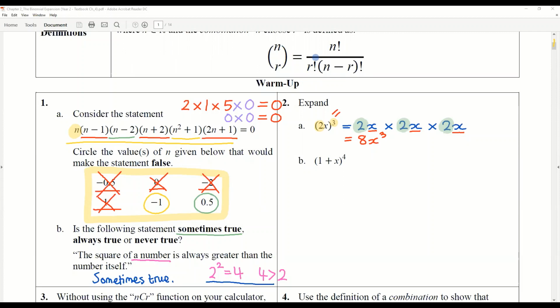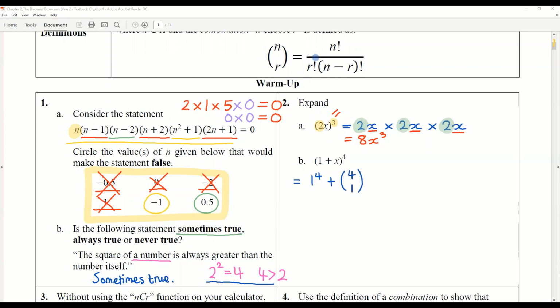So I'm going to use Pascal's triangle for this, just as a reminder, because this will give us all the combination coefficients. But before I do that, I think I will actually write it out using the binomial expansion. So if I want to expand 1 plus x to the power 4, well, using the definition, it's going to be 1 to the power 4 plus 4, choose 1.